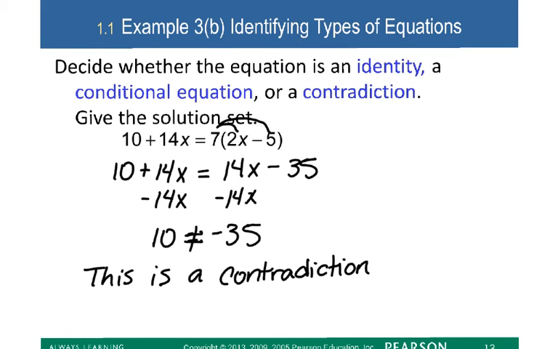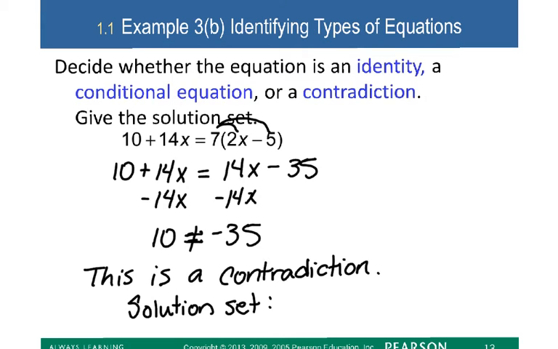Okay. And it asked us to give the solution set. Just because we did not end up with a solution doesn't mean we do not write anything. What we're going to write for this solution set is something known as the empty set. You may or may not have seen this before in your algebra classes, but there's a couple of ways you can write this.